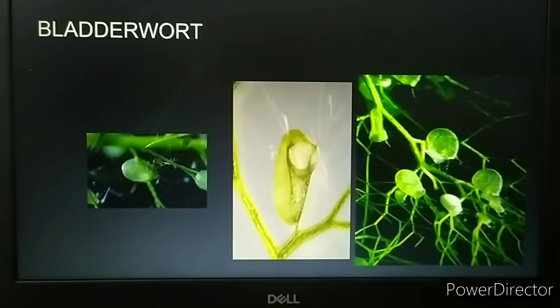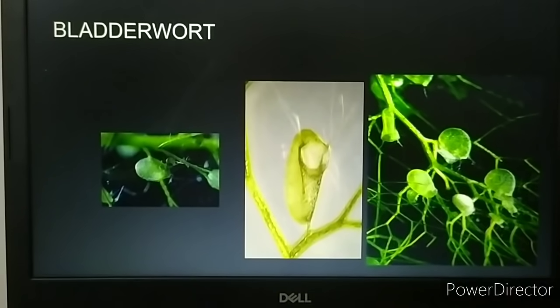We can conclude that each bladder in a bladderwort has a hollow chamber having an opening. This opening or mouth has a trapdoor which allows insects to enter inside. Once the insects enter into it, they cannot come out and they are digested by the plant.